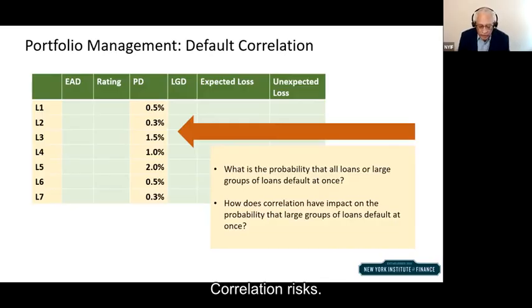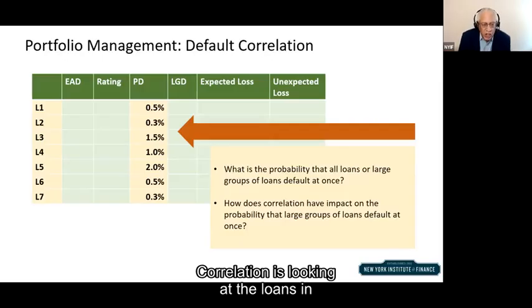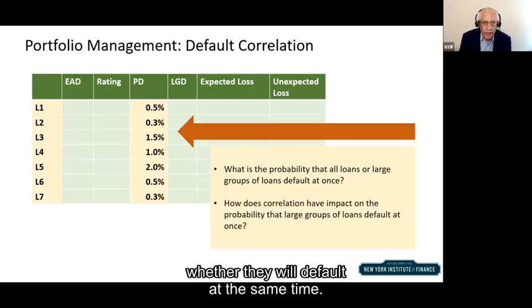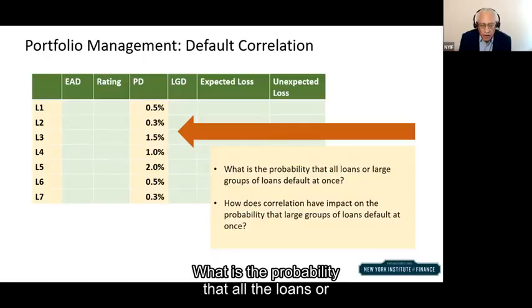So correlation risk. Concentration can lead to correlation risk. Correlation is looking at the loans in the portfolio and determining whether they will default at the same time. It could be loans in different industries, different geographies, and different countries. And so they could be seemingly very independent loans. What is the probability that all the loans or large groups of loans will default at once?